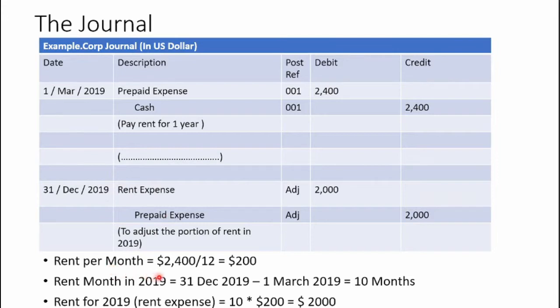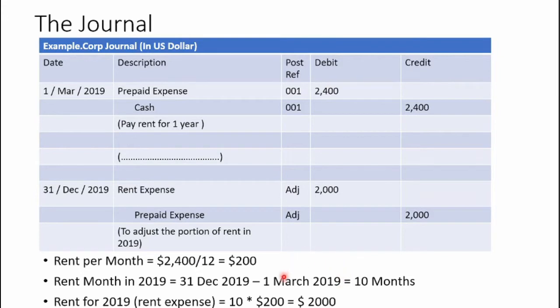First, we need to calculate the rent per month, by dividing $24,000 by 12 months, 12 months for one whole year. So we get $200 per month for rent. And we need to calculate the months that David actually rented his place in 2019. So we can get that by deducting March 1st, 2019 from 31st December 2019.